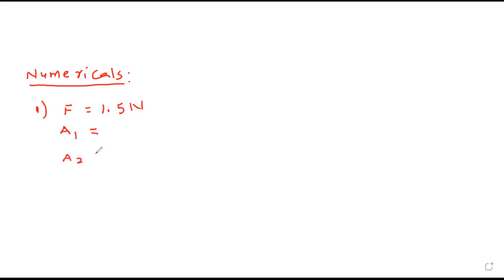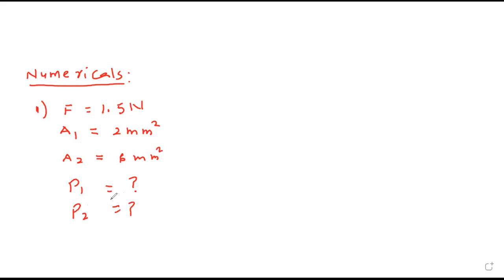Nail B, area is A2. They are 2 millimeter square and 6 millimeter square. Calculate pressure on each in Pascals. Very simple.